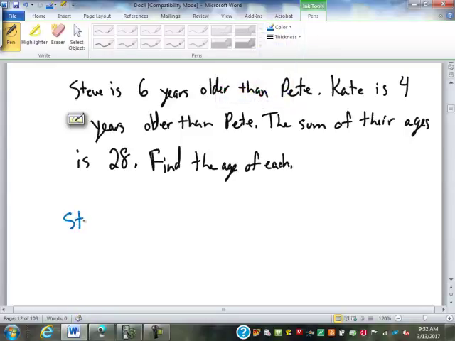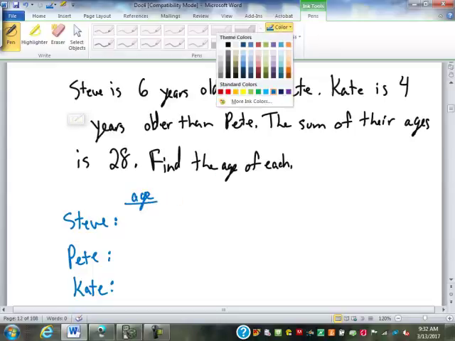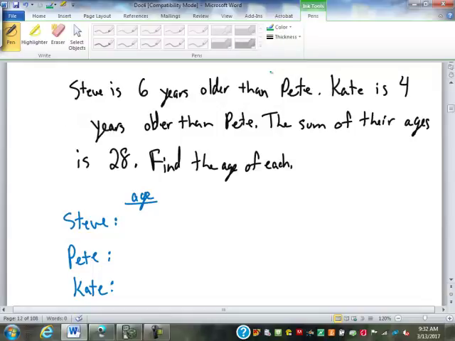So here we have Steve, Pete, and Kate. I need an expression for their age. Now I can't just do S, P, and K, or X, Y, and Z, or whatever, because that would be 3 variables. And we don't know how to solve an equation with 3 variables in it yet.